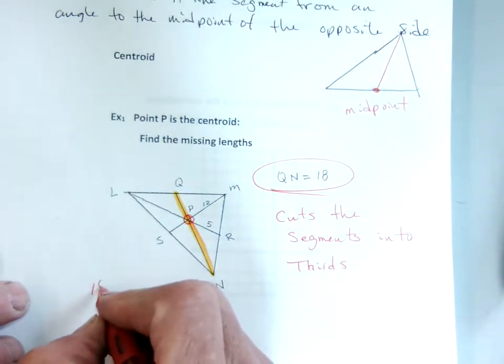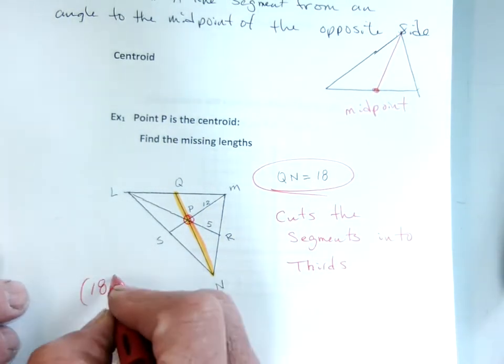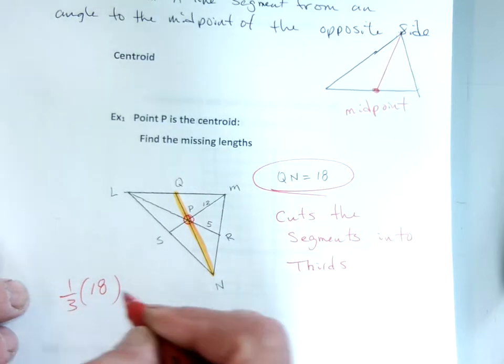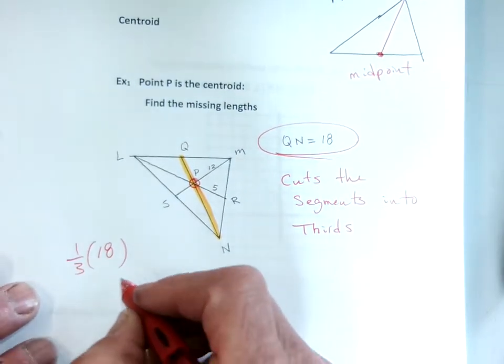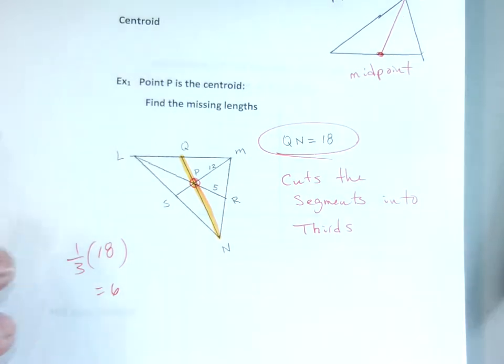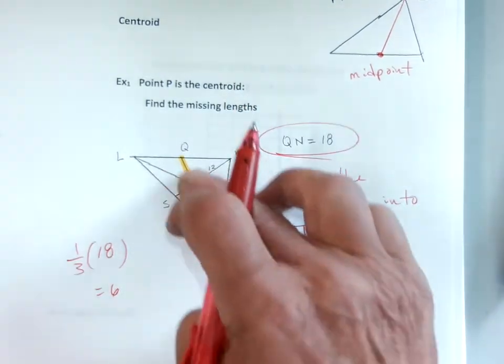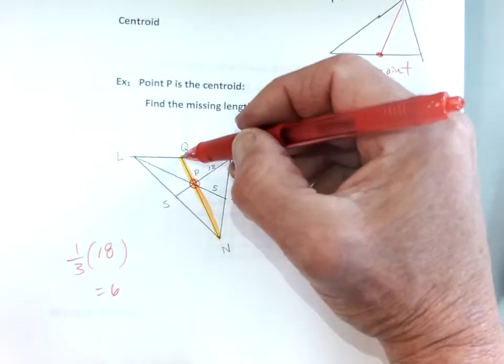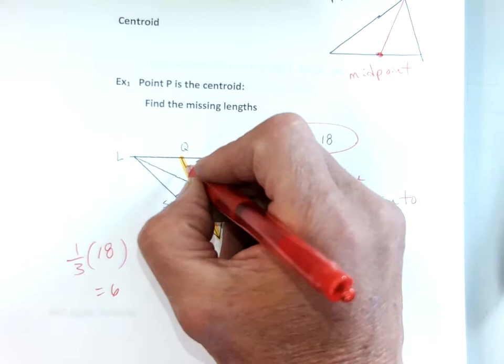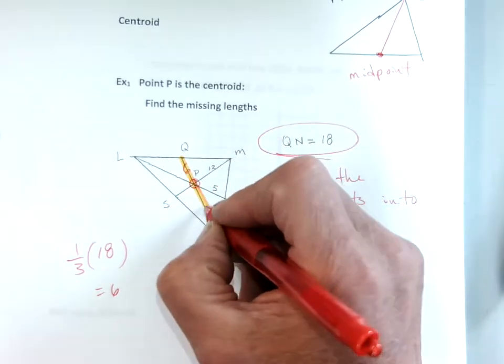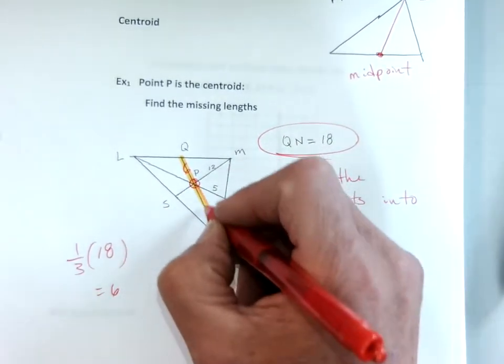I'm going to take a third of 18, which is 6. So a third of 18 is 6. That means this piece is 6, and then this piece is cut into 2 of those parts.